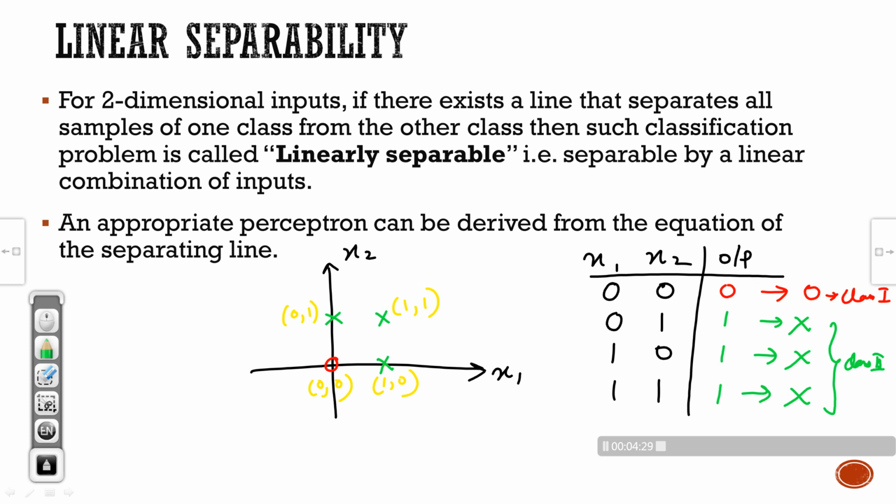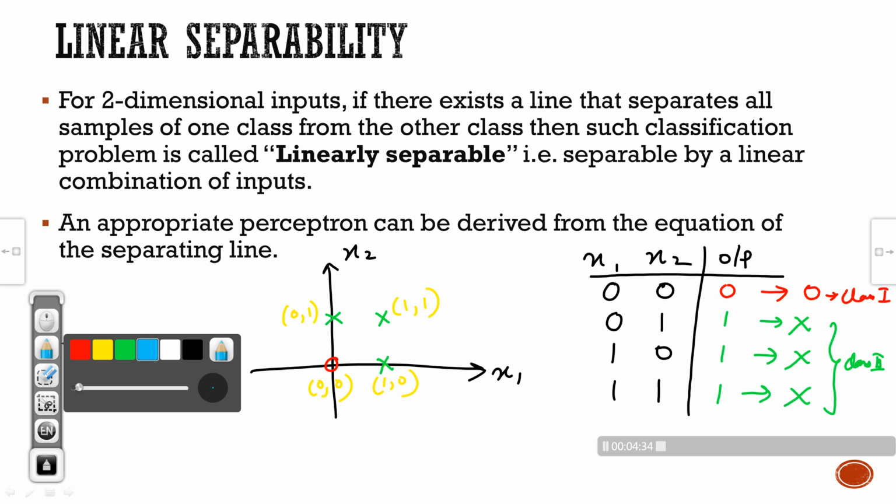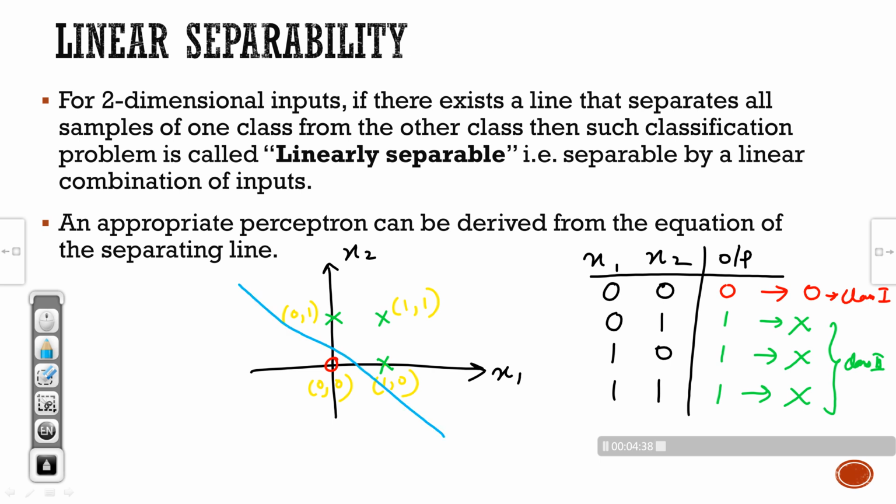So now these are patterns belonging to different classes. Is it possible to draw a single line such that these patterns can be separated? Yes, I can draw a single line like this which will separate these patterns. I will name this line, say, O. And what is the equation of this line?